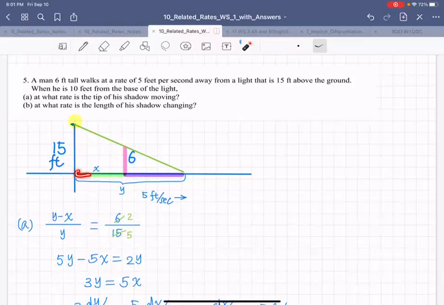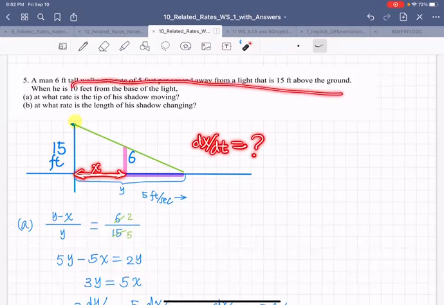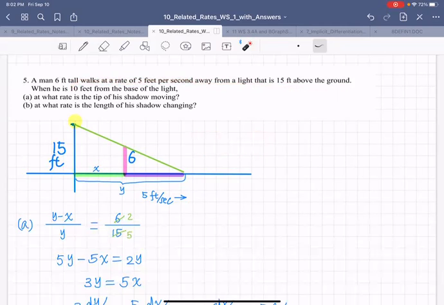And what's this? What's this? Look, if I say this is x, Olivia, dx over dt equals how much based on reading this? 5. 5 feet per second.